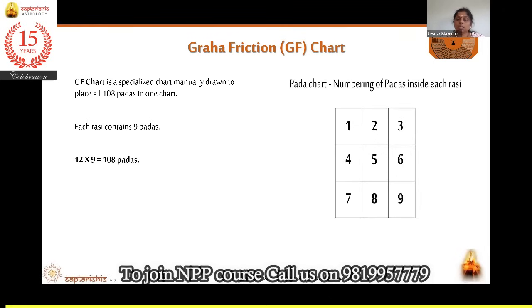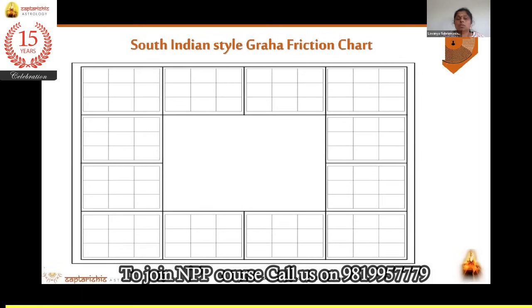That means the first row will contain the first 3 nakshatra padas, the second row will contain the second 3 nakshatra padas, and the third row will contain the last 3 padas in each Rashi. So this is the South Indian style Graha Friction Chart, which shows all the 108 padas in one chart.